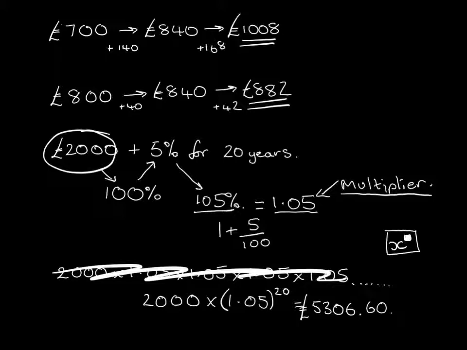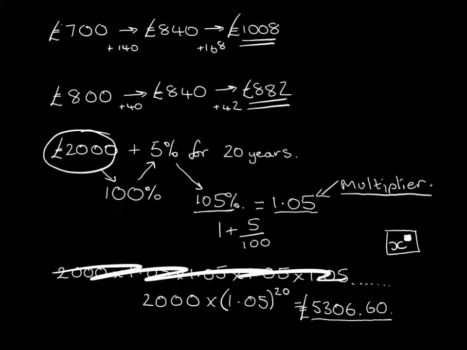So you'll do 2,000 times 1.05, then you'll use this button, then you'll do the 20, and that gives you that answer there, 5,306.60, and that is how much you've got in your account after 20 years at 5% on £2,000.